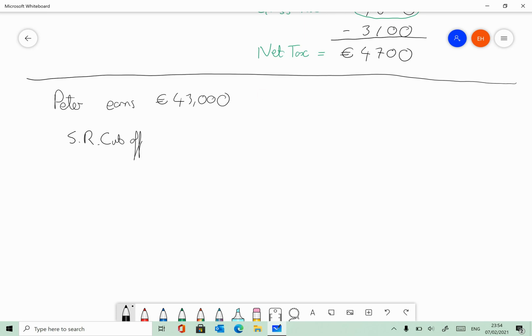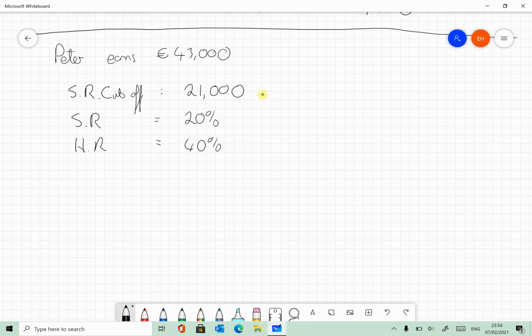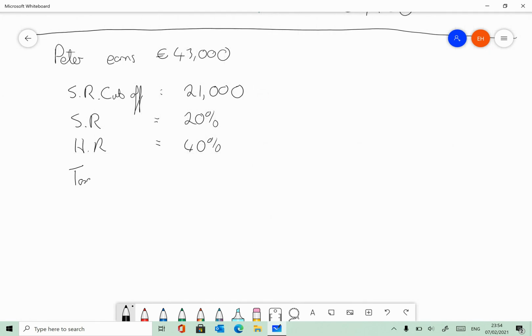It's cutoff. I think it's 2 words. Standard rate cutoff is, let's say, 21,000 again. And standard rate is equal to 20%. Higher rate is equal to 40%. And the tax credits is, let's say, 3,100 again.